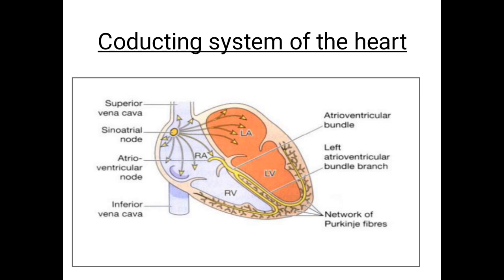The heart has an intrinsic system whereby the cardiac muscles are created in such a way that they don't need nerve supply from the brain. This intrinsic system can be stimulated or depressed by the central nervous system of the brain.